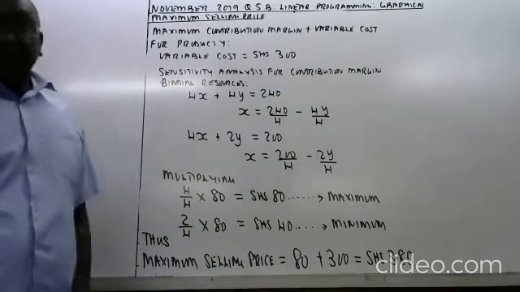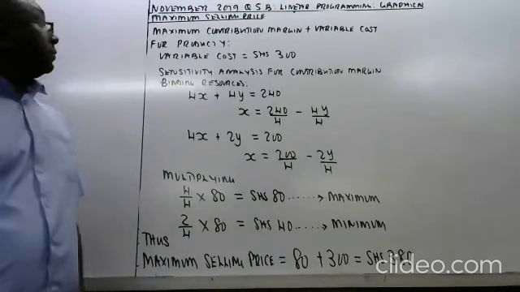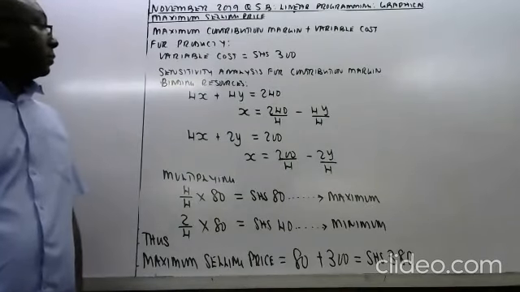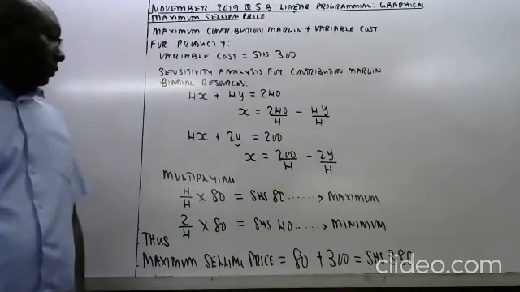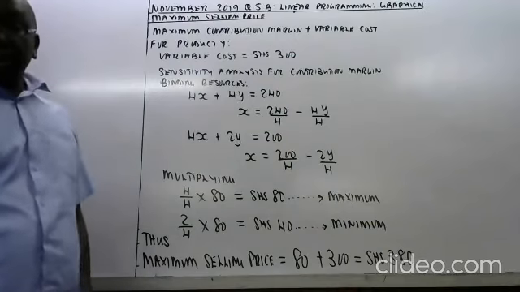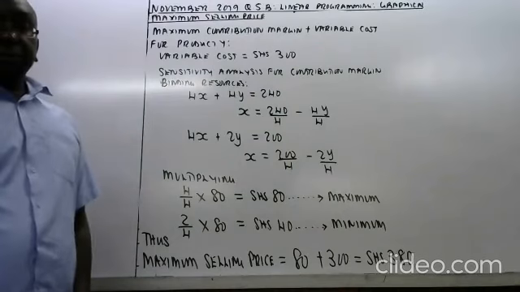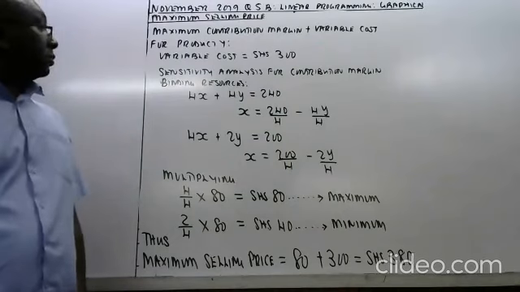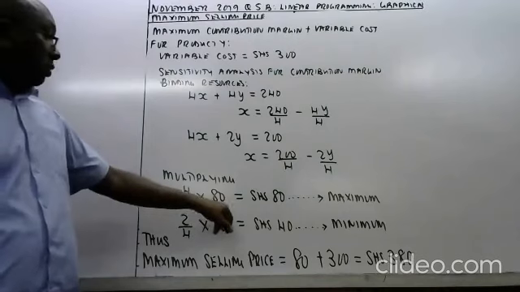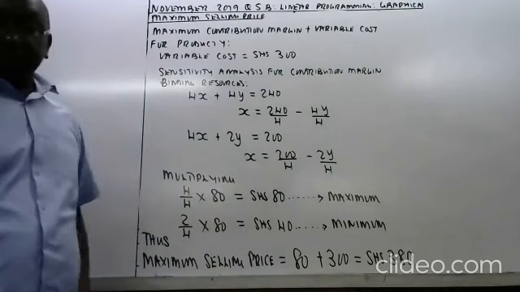Why do you want 80? How many x? Sorry, yeah. My workings are okay, Jacob. This was the contribution margin of x.